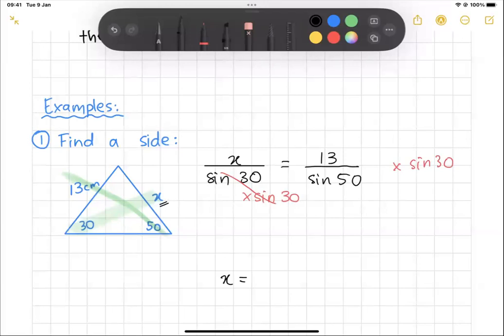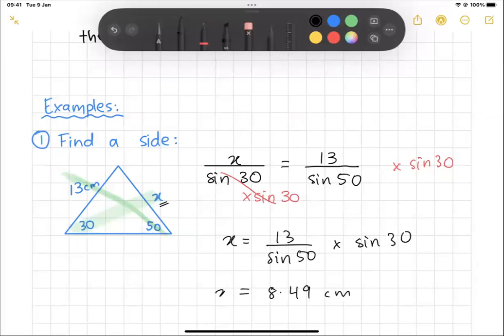What I'm left with is x equals 13 over sine 50 times sine 30. Put that into your calculator and you should get 8.49 centimeters for x. Super easy.